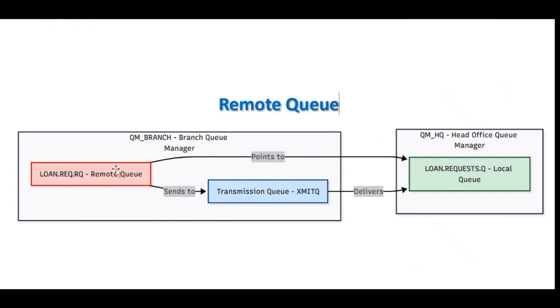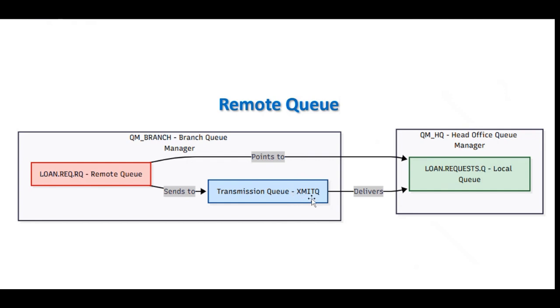And the requests or the messages are sent to the transmission queue. So what is a transmission queue? If you want to send messages to any remote or third-party queue manager, which is available on some other location or some other region or some other environment on a separate MQ server, then you will use XMIT queue or transmission queue.